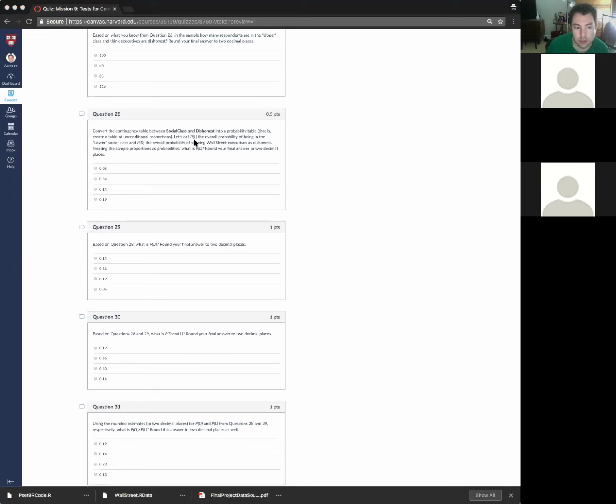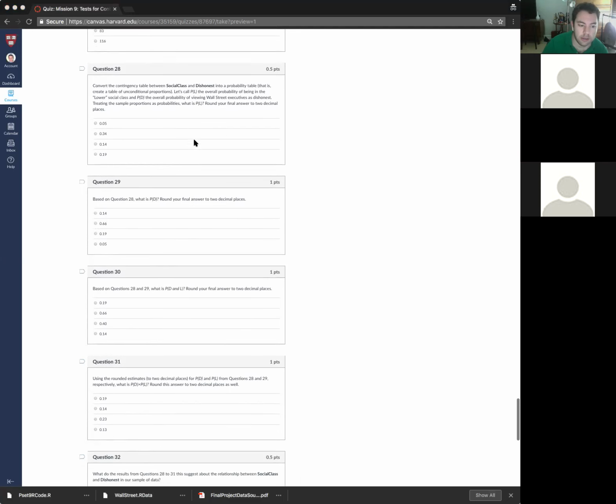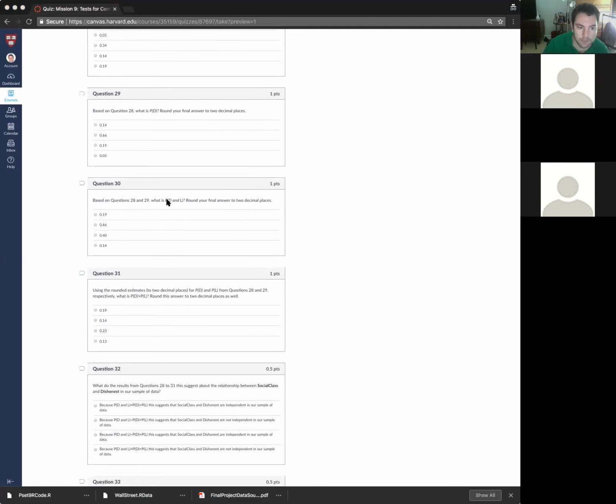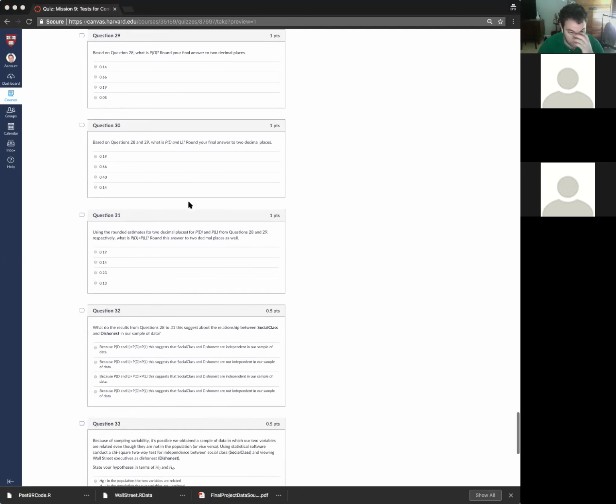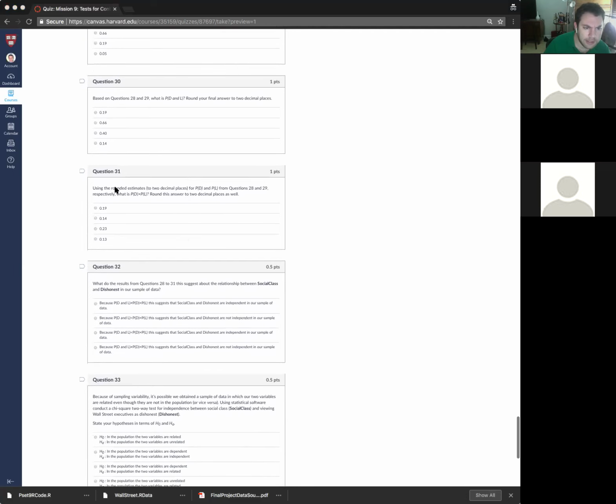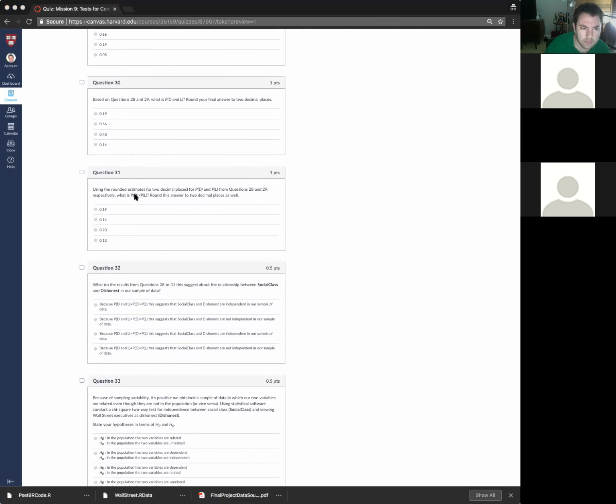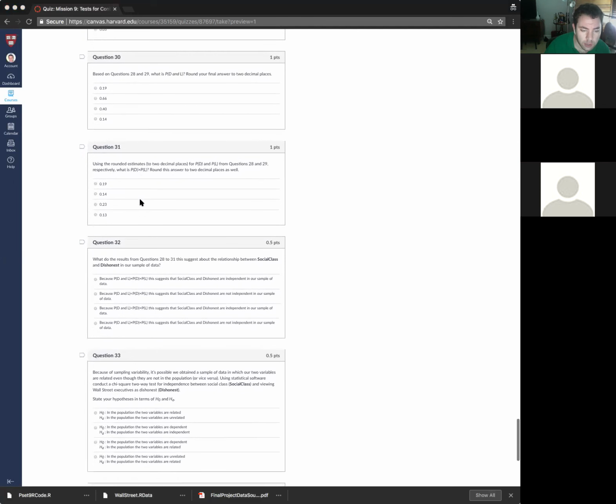So you'll use the R data set to calculate the probability of being in the lower class and the probability of being dishonest. These are unconditional probabilities. Then it's asking you to find the joint probability of D and L, and in the next question to find the probability of D times L, okay?